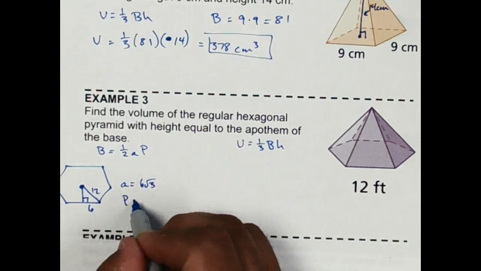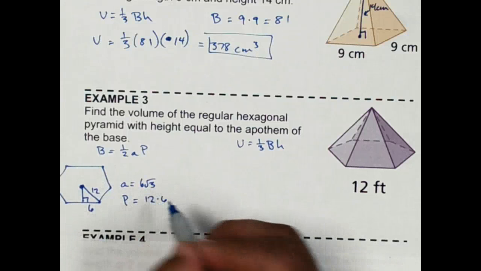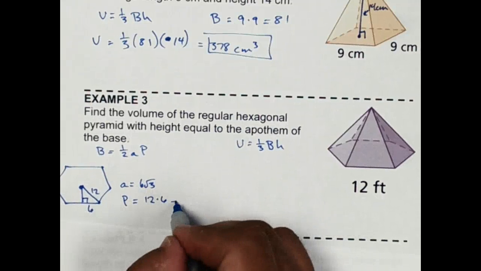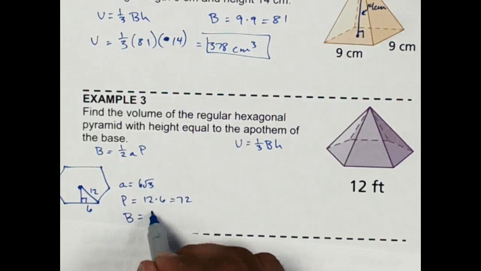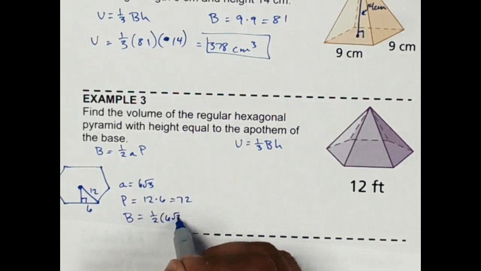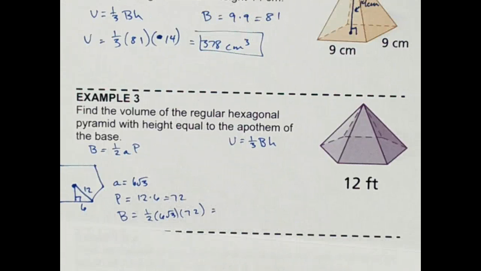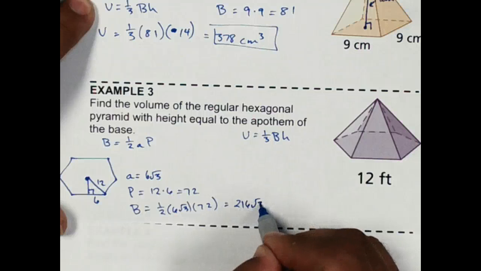The perimeter then is going to be 12 times 6, which comes out to be 72. So the area of the base is 1/2 times 6 square roots of 3 times 72, which ends up being 216 square roots of 3.